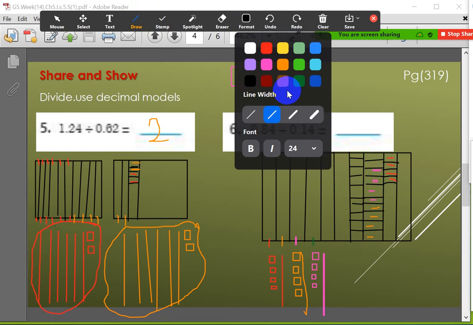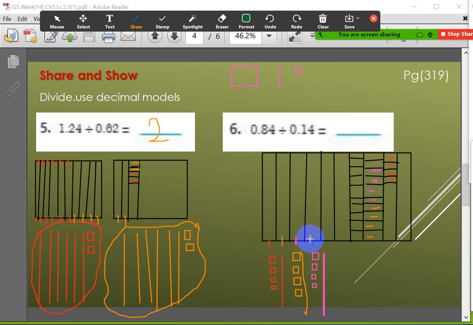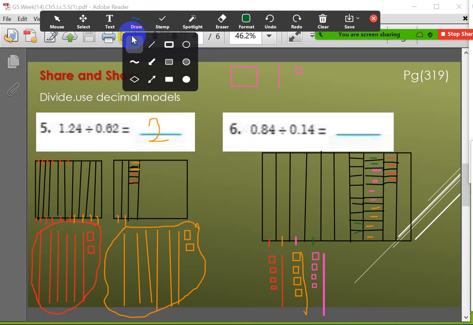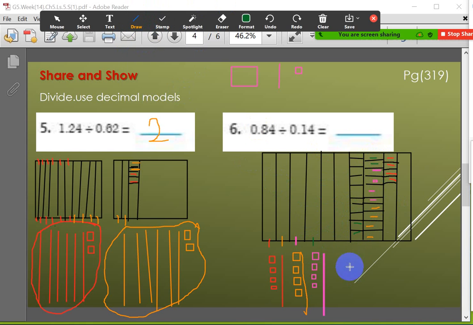Okay, now another color, the green color. I have 1 long and count 4 small cubes. 1, 2, 3 and 4. This is the fourth group. 1, 2, 3 and 4.